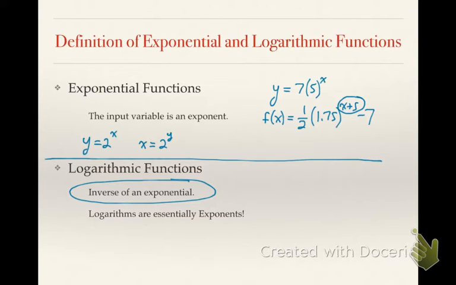So what we do is we define something called a logarithm. So if I take the log base 2 of both sides, it allows me to cancel out that base of 2, leaving me just y is equal to log base 2 of x.